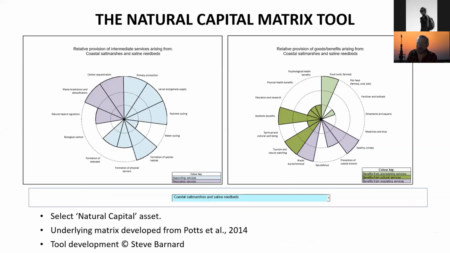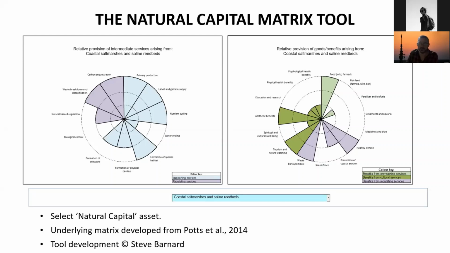So we have intermediate services from coastal salt marshes here on the left-hand side, and we have benefits from coastal salt marshes on the right-hand side, where the outer circle is high importance and the inner circle is low or no importance. So it gives you, again, a much more visual way of trying to understand, well, what are the benefits from coastal salt marshes?